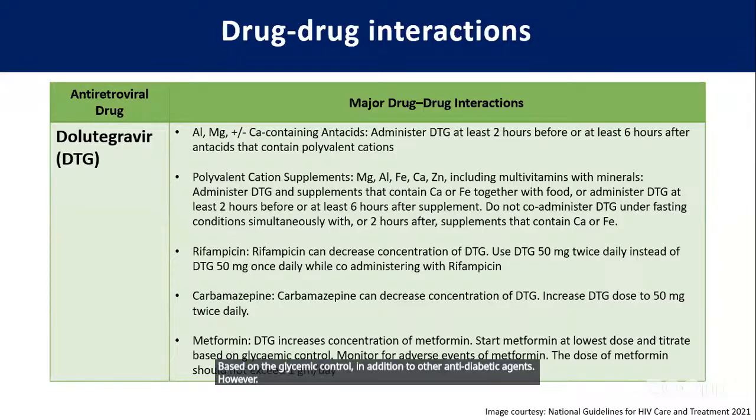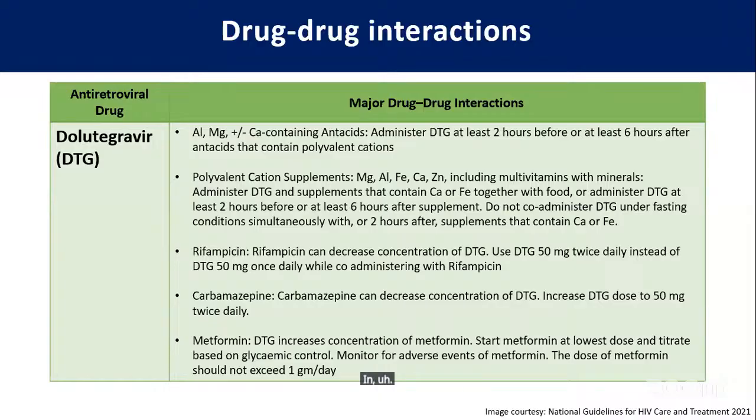However, the dose should not exceed 1 gram per day. Normally the standard dose of metformin is up to 2 gram per day in divided doses. But in subjects who are on a DTG based regimen, the ceiling is 1 gram, because there can be hyperlactatemia and lactic acidosis.